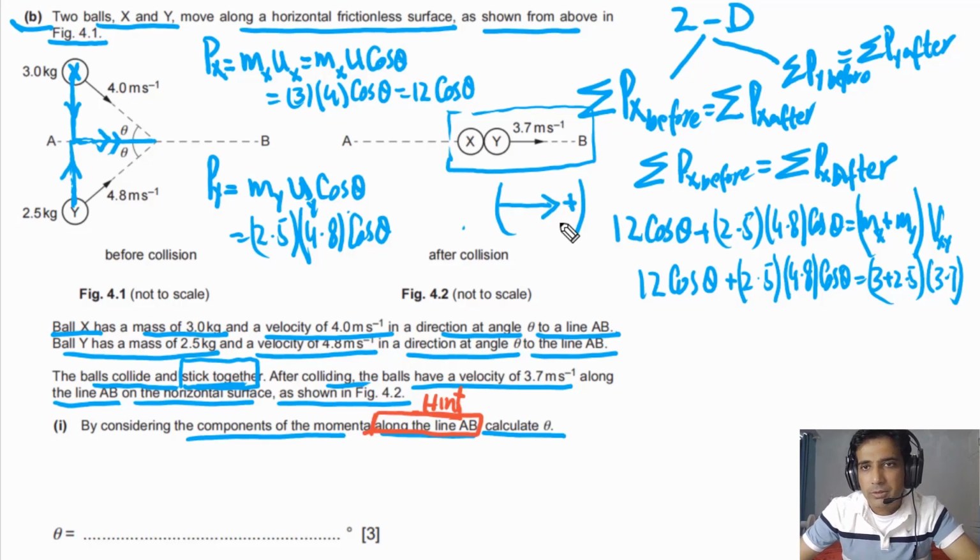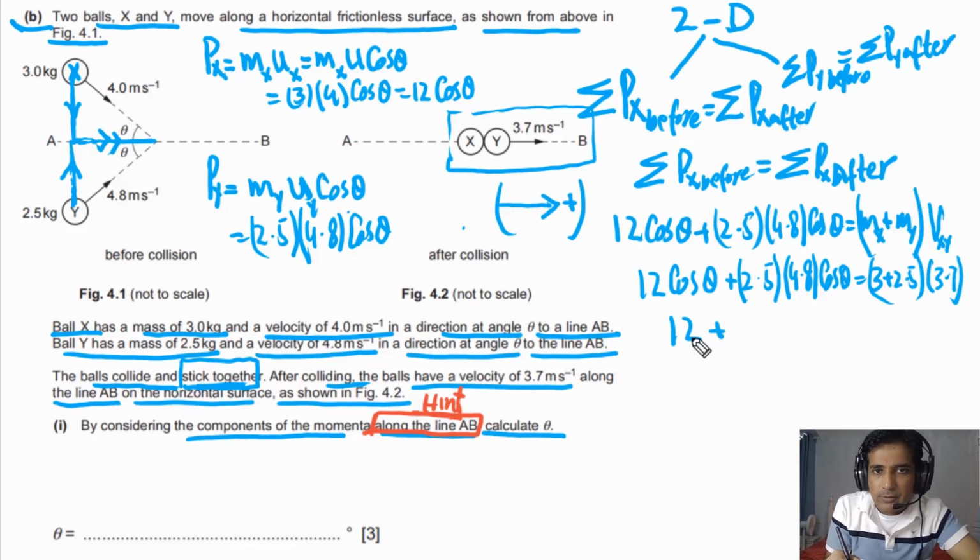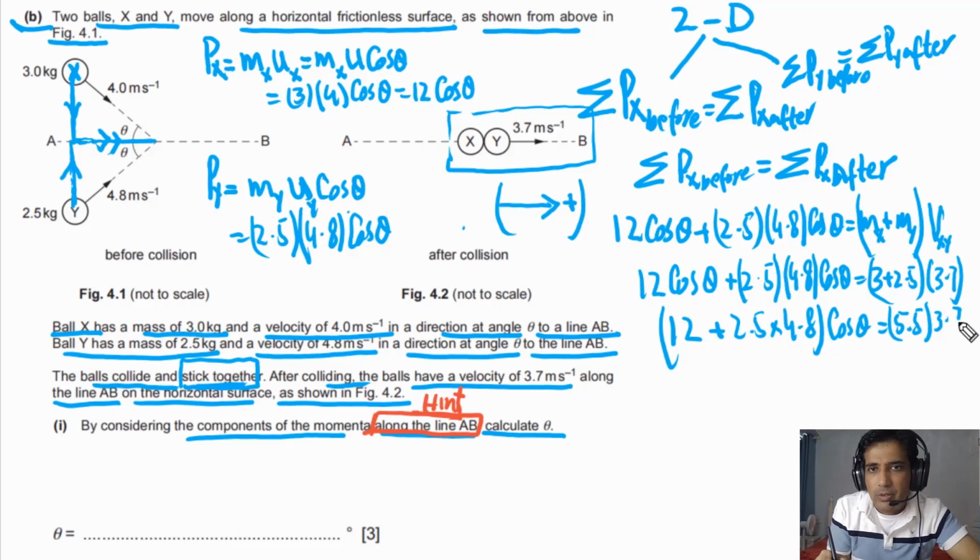Now in this case simply we need to calculate the value of cosine theta. So you can take common from here. So this will be 12 if I take cosine theta common. So here we will have 12 times 4.8, and here we will have cosine of theta. So this will be equal to 5.5 times 3.7. So we need to calculate the angle.